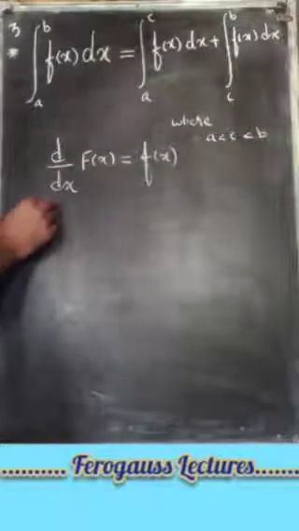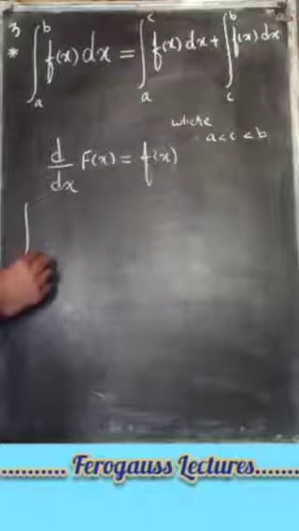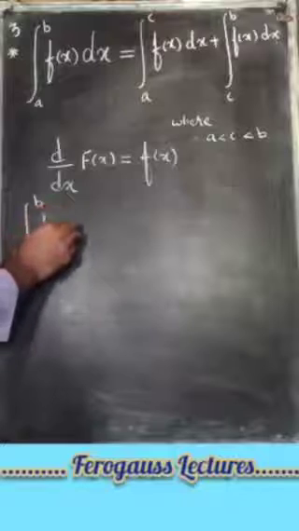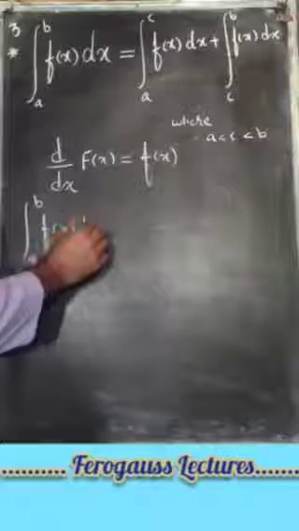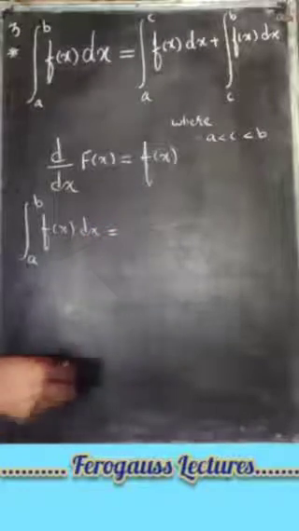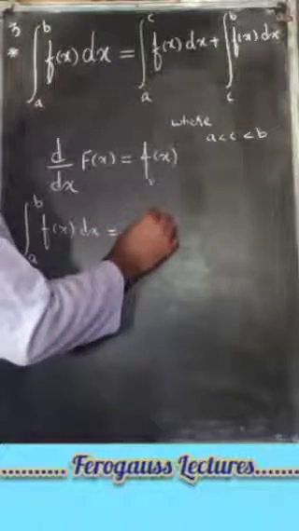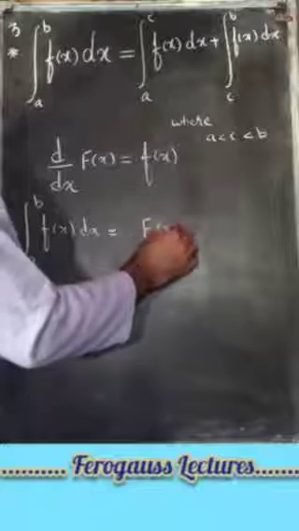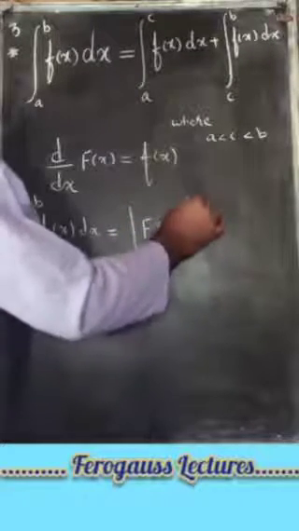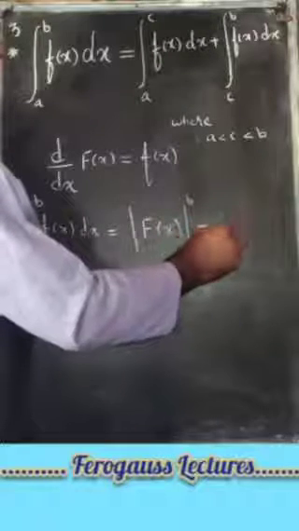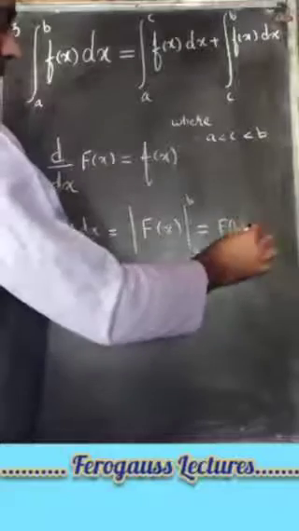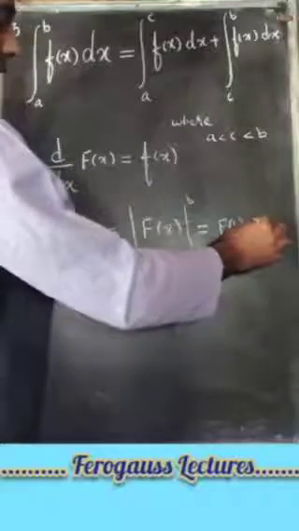Then integral a to b f(x) dx is equal to, by the fundamental theorem of calculus, F(x) with limits from a to b, that is further equal to F of upper limit minus F of lower limit.